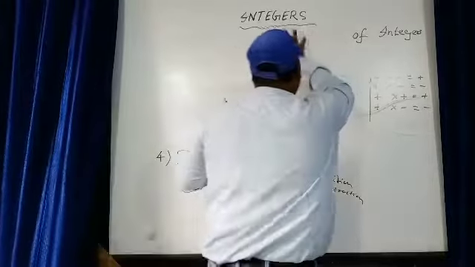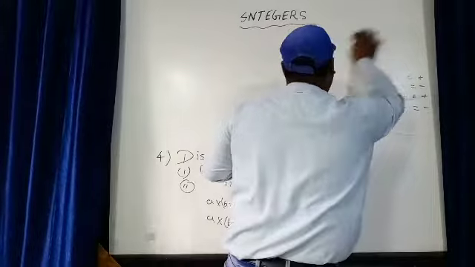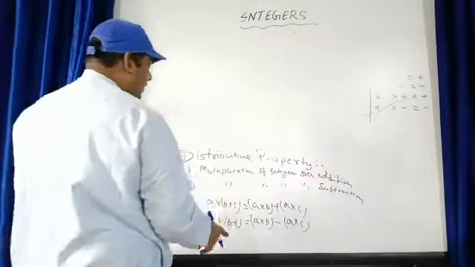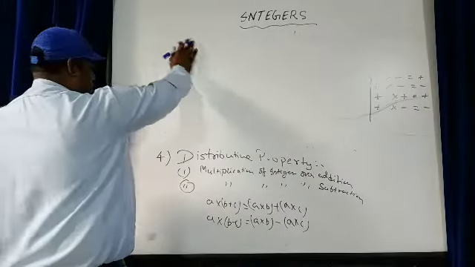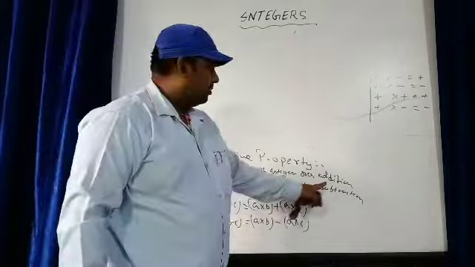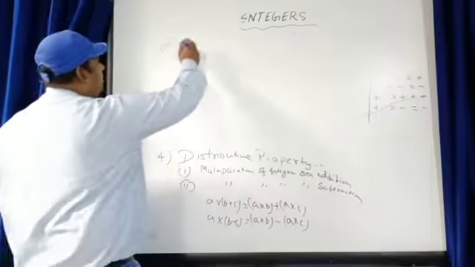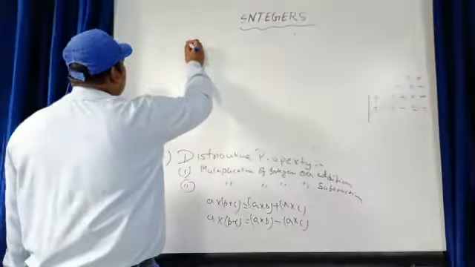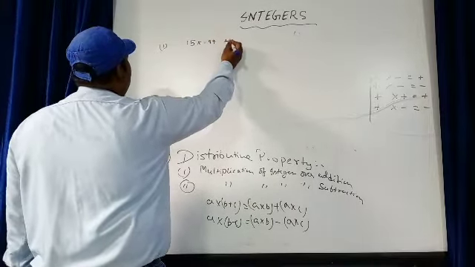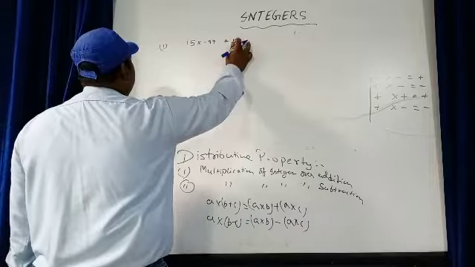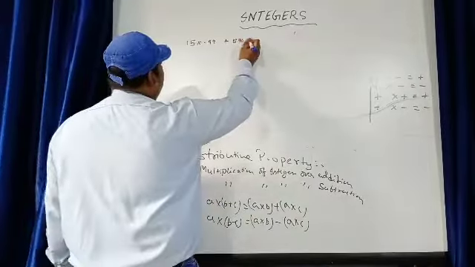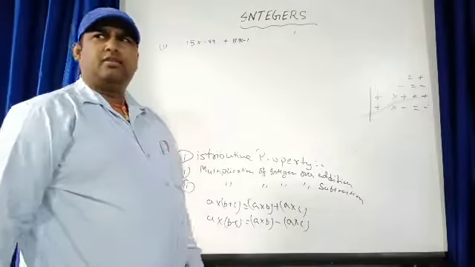Whenever it is asked to use the law, you have to use the law. Now see how you can use it. Number one, distributive property of multiplication of integers over addition. Suppose you have 15 × minus 99 + 15 × minus 1.